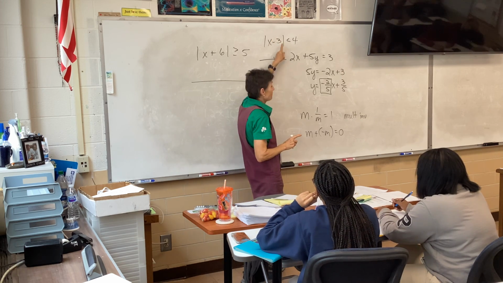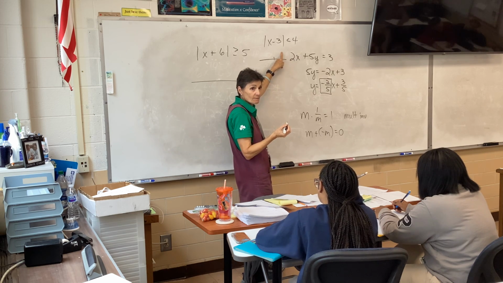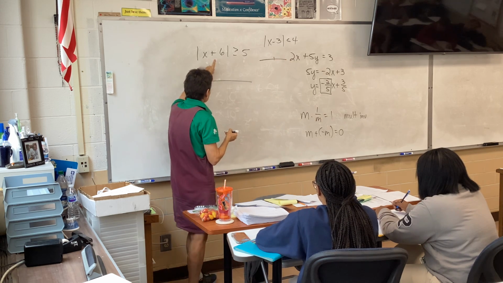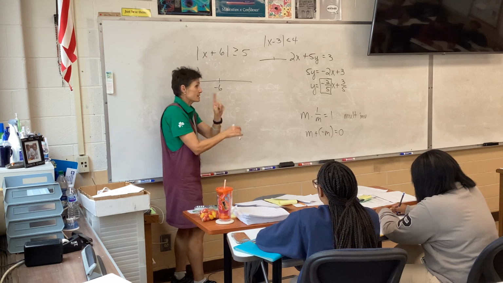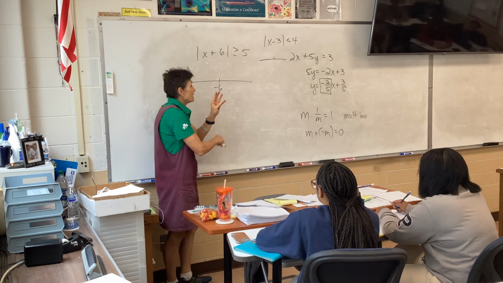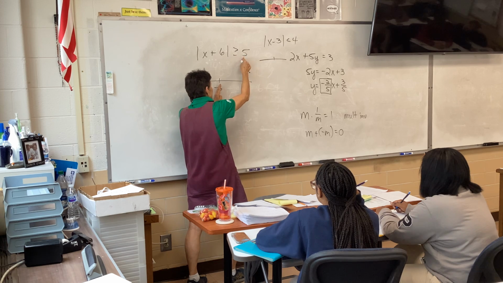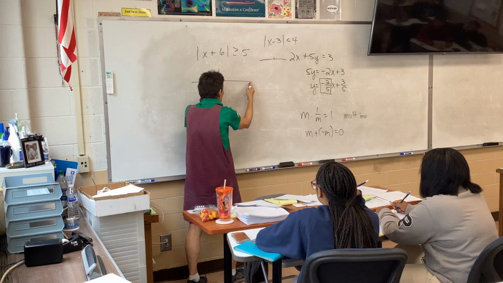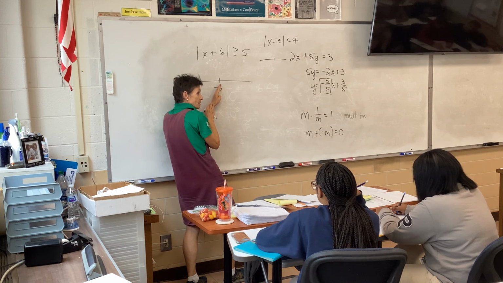Basically, you take the opposite of this. It says -3, but it's really +3. This one says 6, it's really -6. Now, -6 is not the answer. It doesn't even show up in the answer. It's your starting point. This is the distance. I want to be 5 units away from -6.